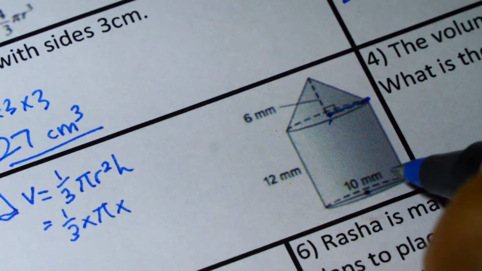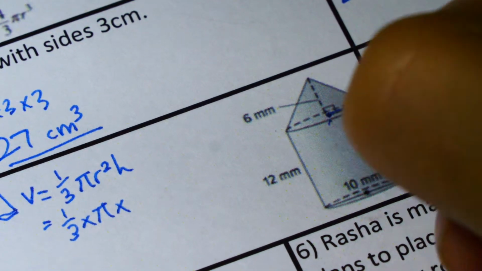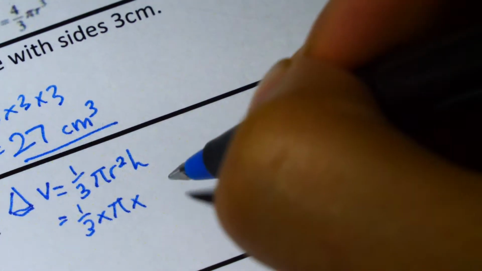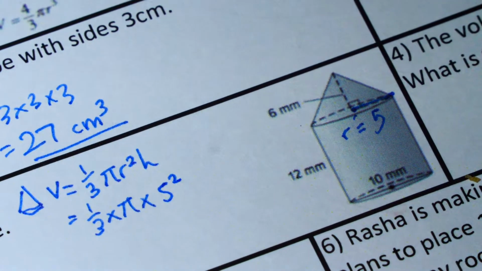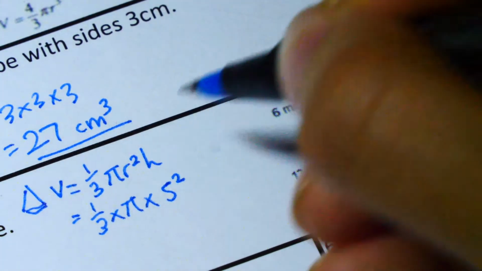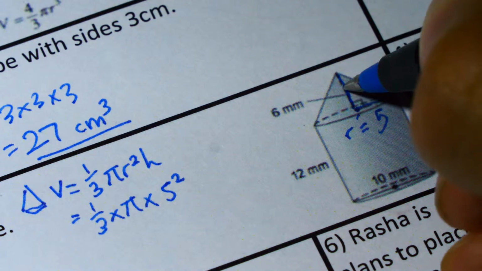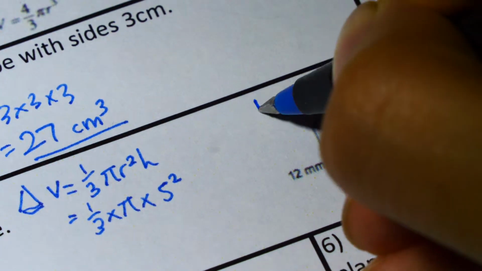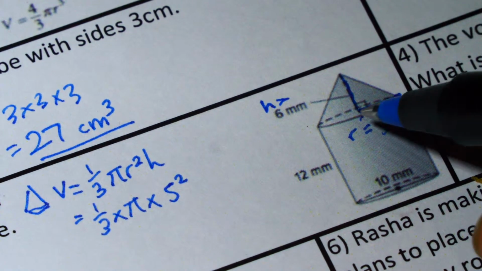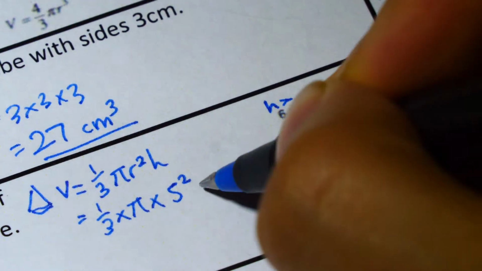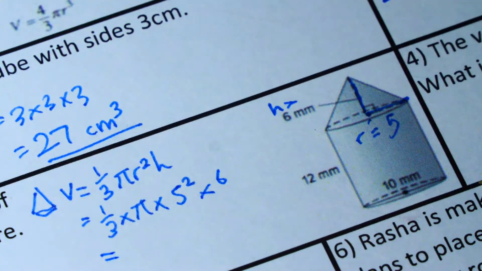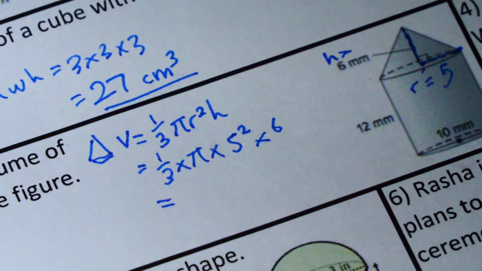If this is 10, r must be 5. So times 5 squared times the height. The height of this cone is 6. So times by 6 equals 157.